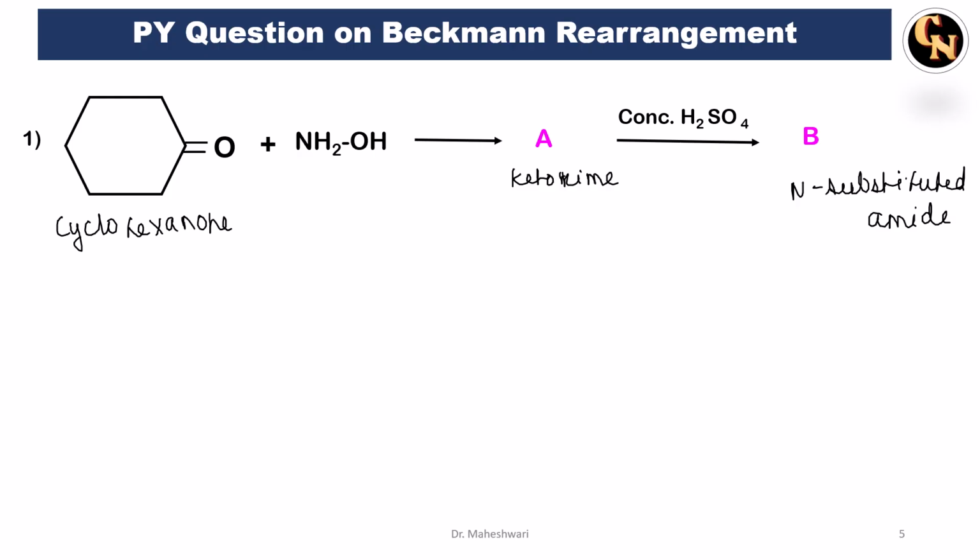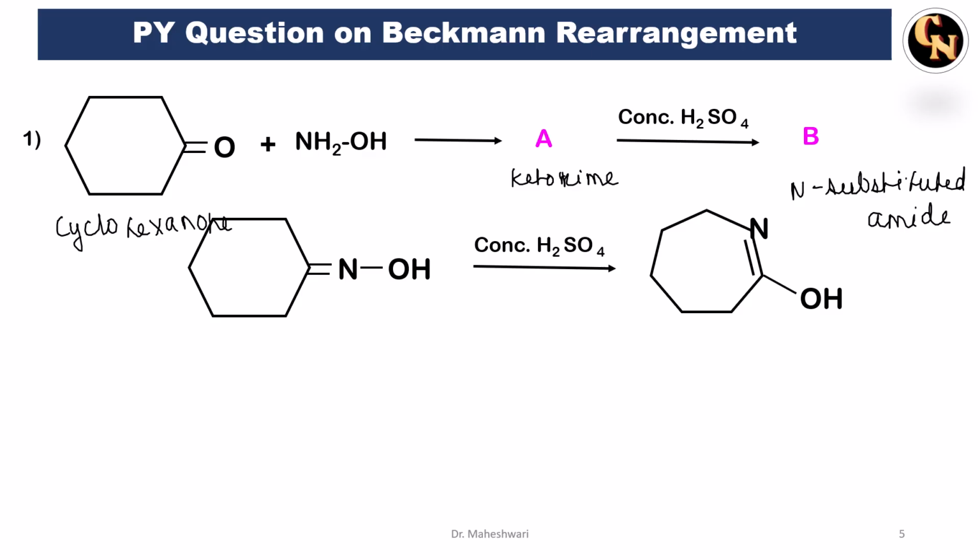Okay, so let us see how the reaction goes. This cyclohexanone when it reacts with hydroxylamine forms a ketoxime. It is a cyclic ketoxime.